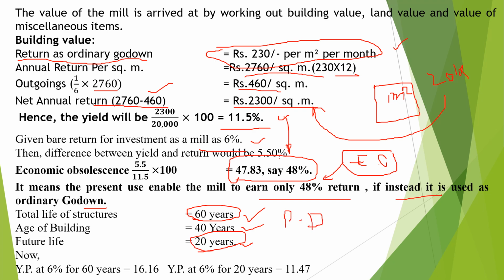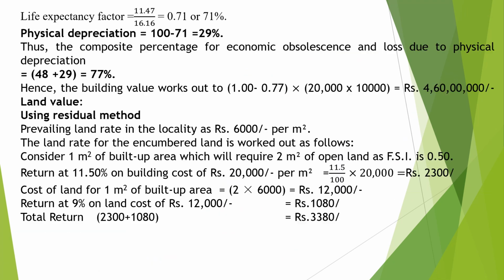For this, we calculate YP at 6% for 60 years and YP at 6% for 20 years, which are 16.16 and 11.47. For 60 years at 6%, it is 16.16, and for 20 years at 6%, it is 11.47.